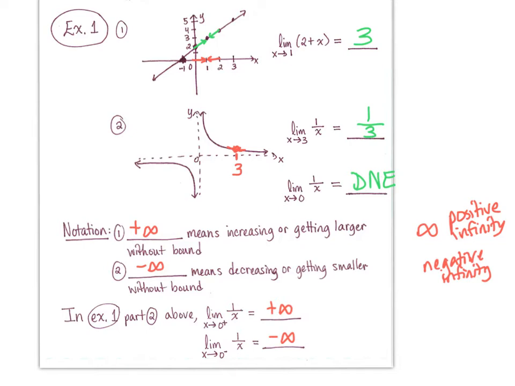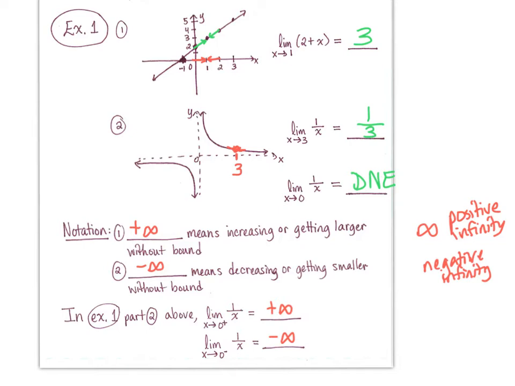Along with that question, if it were asking as x approaches 2, would it then be 1/2? Yes, it would be. So the question was, if you're looking to find the limit of 1 over x as x approaches 2, would it be 1/2? Yes, it would be.